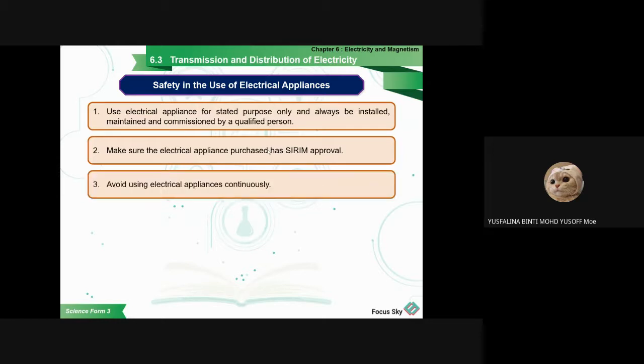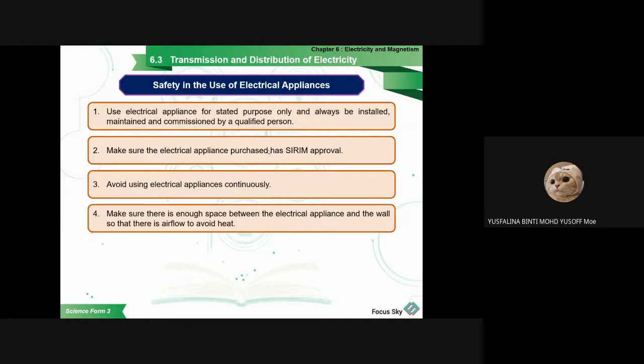Avoid using electrical appliances continuously. Let's say if you use your laptop, don't leave it open for 24 hours, because it will cause overheating. Also make sure there is enough space between the electrical appliance and the wall so there is airflow to avoid heat.